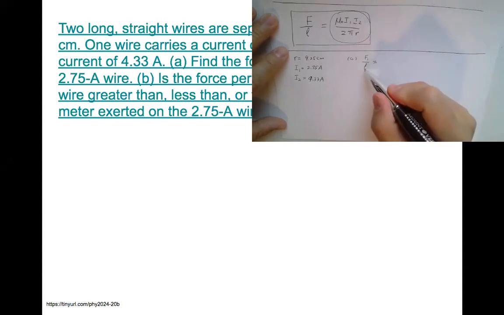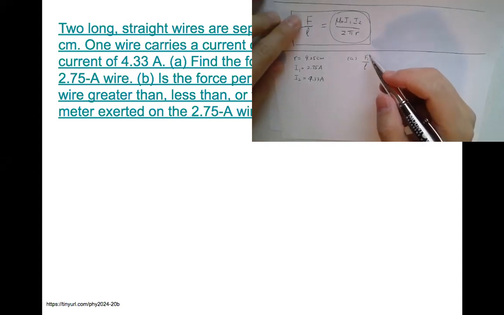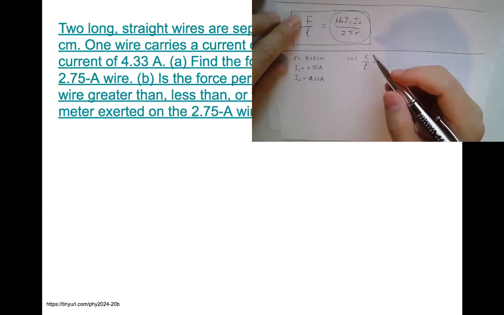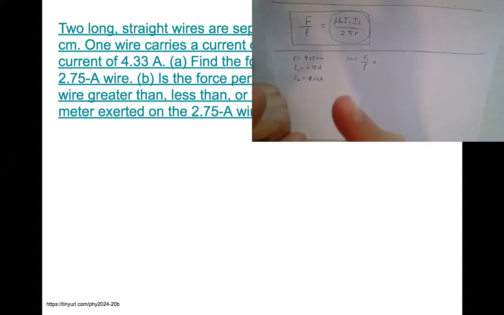Force per unit length on wire one, we'll call it F1 over L. The force we derived in the previous slide applies to both wires, because both wires are interacting with each other. So this is a force pair, an action and reaction pair. The two should have the same magnitude and opposite direction. I think that just answers part B.